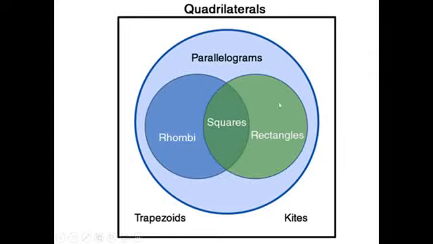Is a square also a type of rectangle? Yes, a square is also a type of rectangle, but it has an extra property, namely that all the sides are equal. So can we say that all rhombi are squares, or that all squares are also rhombi? We can say that all squares are also rhombi and all squares are also rectangles, but all rectangles are not squares.